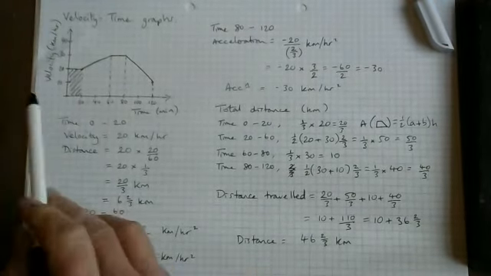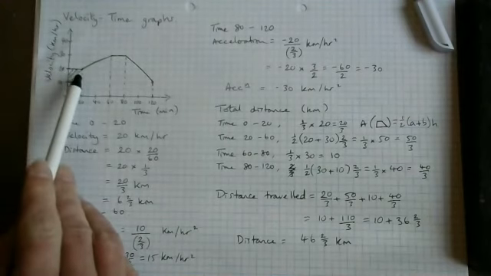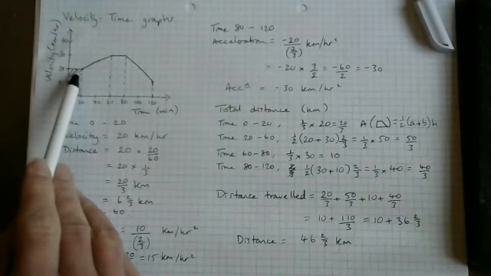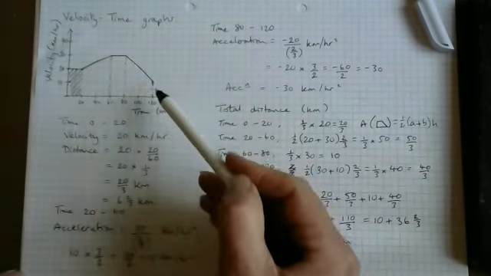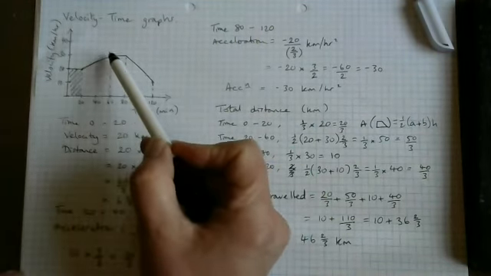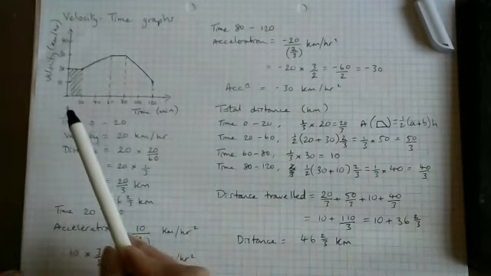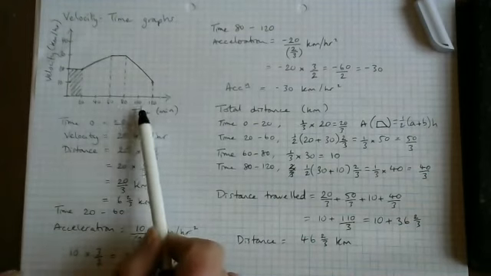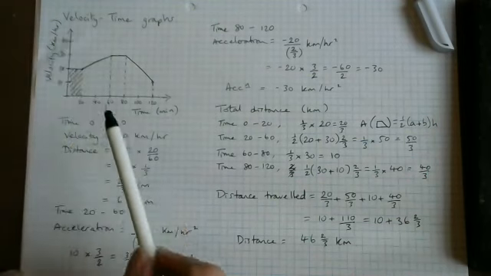So remember, velocity time graphs, flat lines do not mean stationary. Flat lines mean the velocity is constant. For this period here, the velocity is 20. Slopes tell me that the velocity is increasing or the velocity is decreasing. I work out the acceleration by finding the rise over the run. For this problem, we deliberately made it more complicated. We put minutes instead of hours. So we have to convert the minutes to hours because the velocity is in hours.